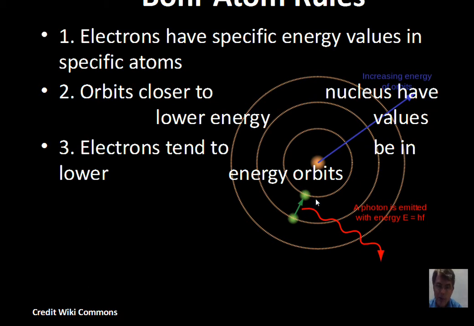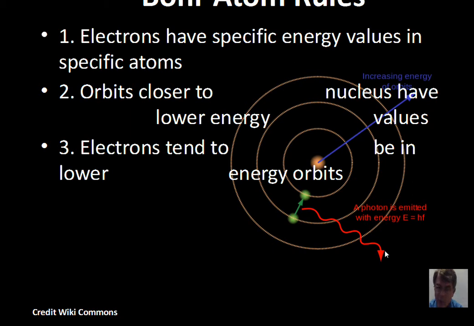And Bohr said that this difference in energy becomes light. Light is energy. Light is carrying energy away from the atom. So this difference in energy becomes light. And the energy gap between the orbits then gives a certain energy value to the light that comes out.